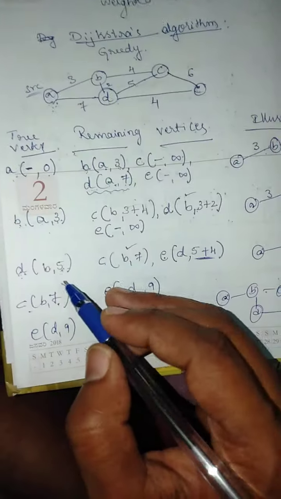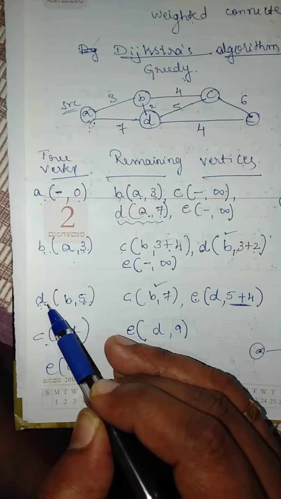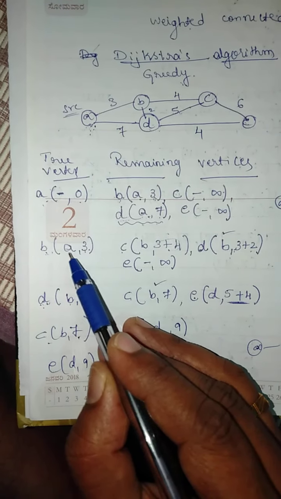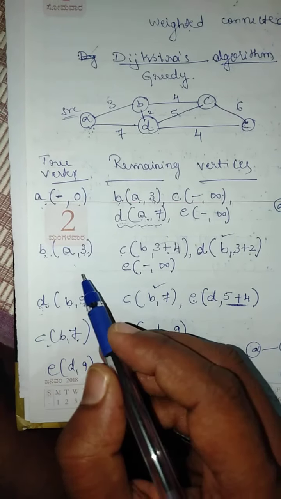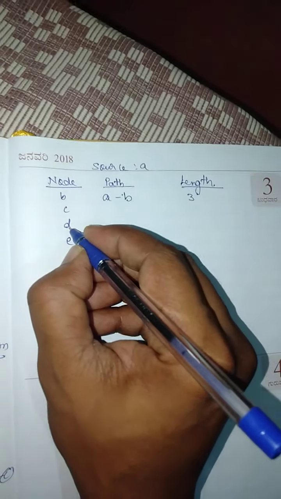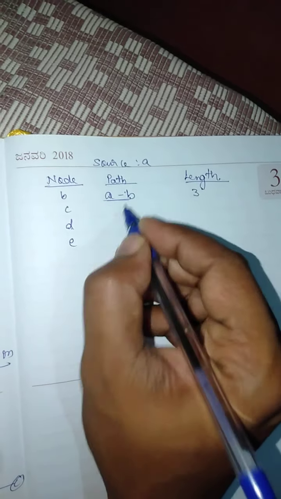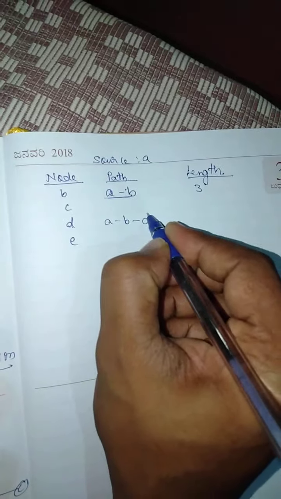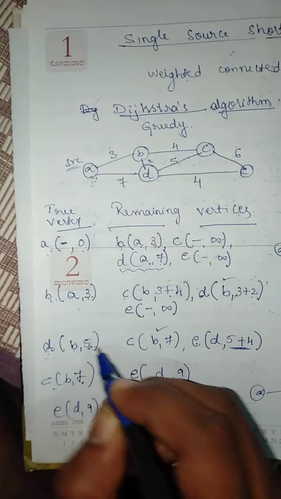Next, the vertex D. How can we reach D? Via B. And how can we reach B? From A to B, B to D. Therefore, in order to reach D, we have to first come to B. So what is the path? This is the path, and then from B there is a path to D. And what is the cost? 5.